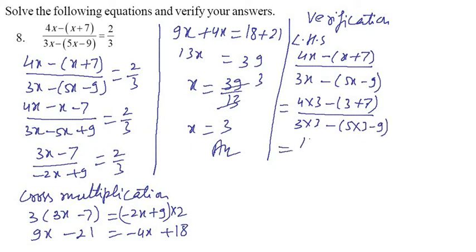So 4 times 3 is 12 minus, and 3 and 7, that is 10. And here 3 times 3 is 9 minus 5 times 3 is 15 and minus 9. 12 minus 10 is 2, and here 9 minus 15 minus 9. 15 minus 9 is 6, so it becomes minus 6, and 9 minus 6 is 3.